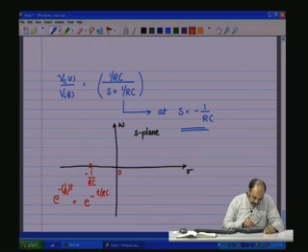When I say I have a pole located at minus 1 by R C, it means that it is going to decay with the time constant of R C.